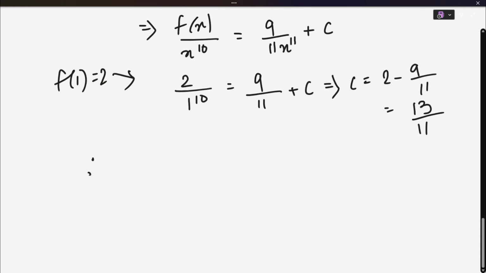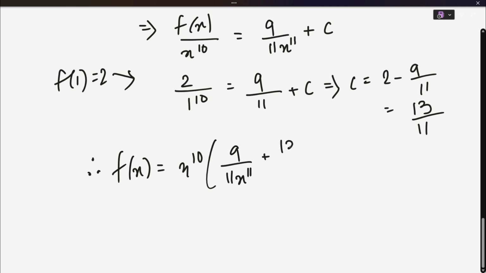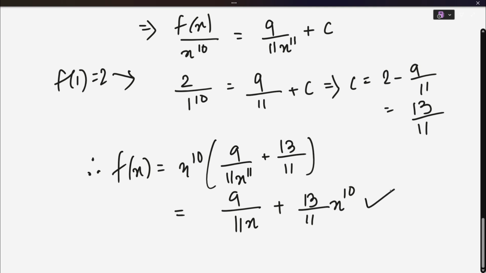Therefore, f of x simply turns out to be x to the power 10 whole into 9 by 11 x to the power 11, and c is how much? 13 by 11, right? Multiply this and you get 9 by 11 x plus 13 by 11 x to the power 10, which is our answer for f of x.